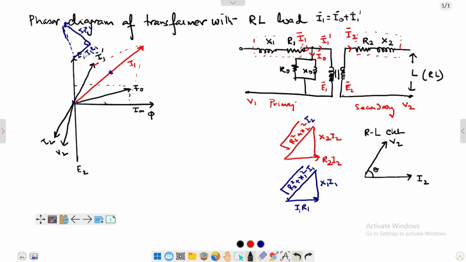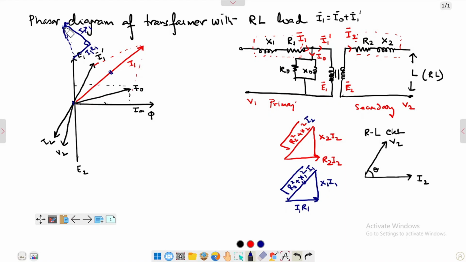I got this line, and then you have to draw a straight line from here. So this is your line.